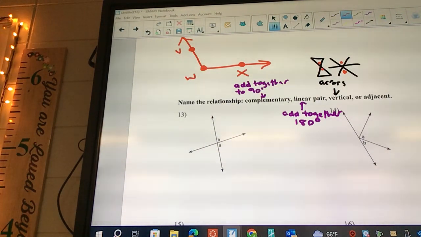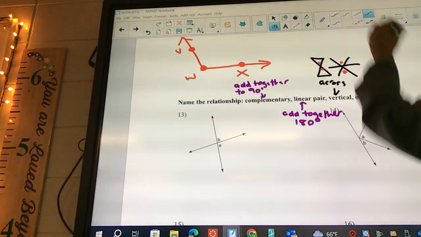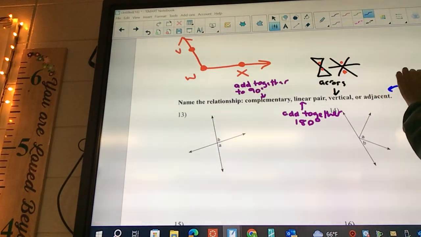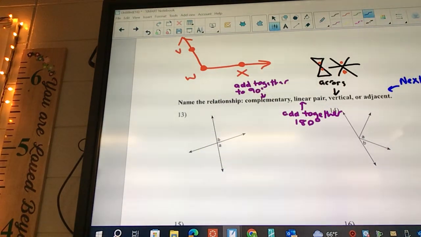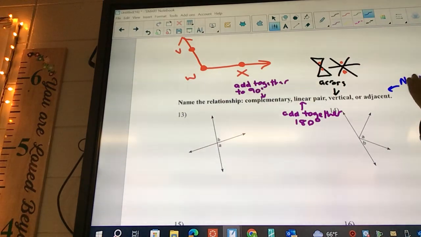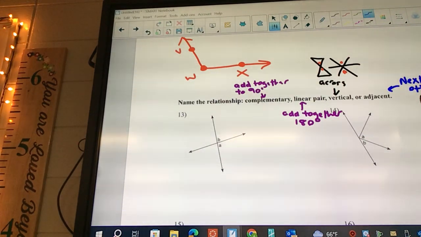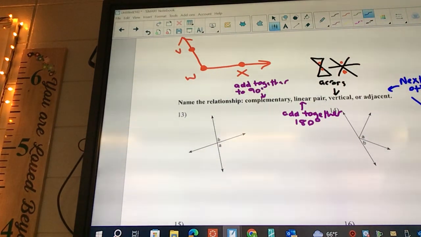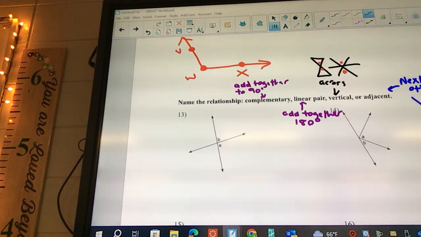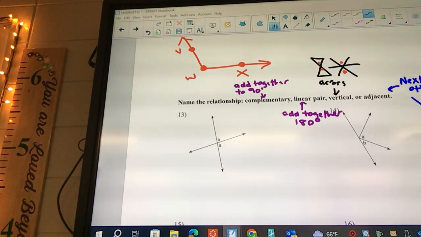And then the adjacent angles are going to be right next to each other. So these are going to be next to each other. It can look like this, A and B, or it can look like this with A and B, but they're going to be right next to each other.